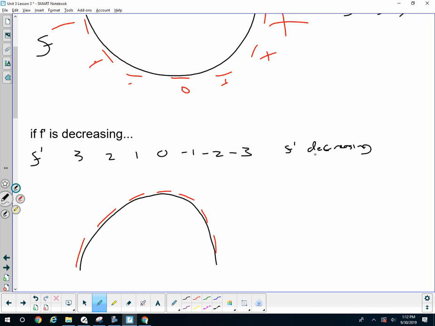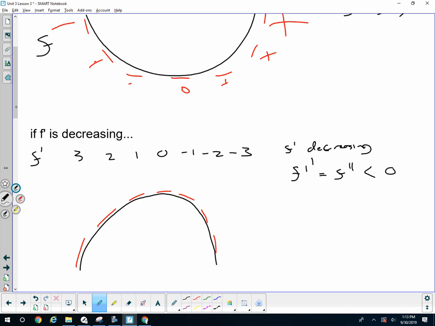Well, if f prime is decreasing, like we said last class, its derivative, f prime's prime, which is f double prime, must be negative. Okay? What this is helping us discover is that a sign of a second derivative will tell us like the acceleration of a function or the concavity of a function.